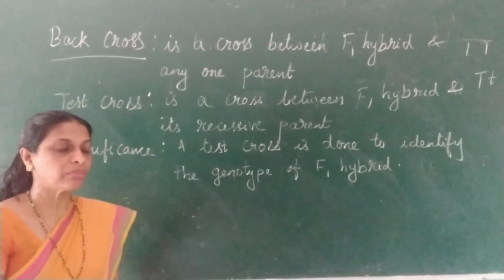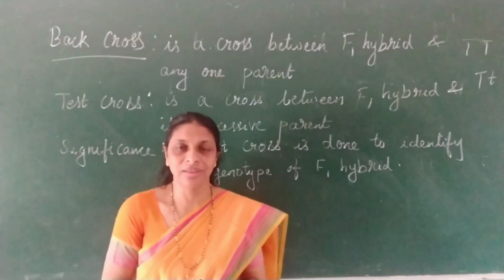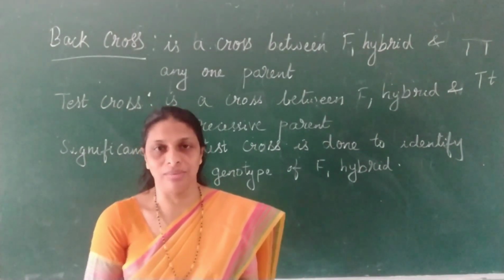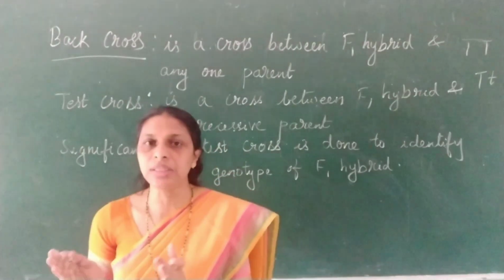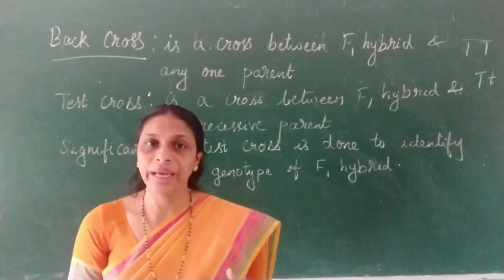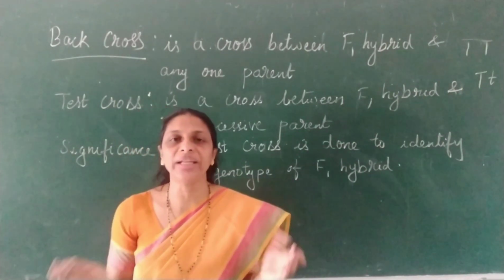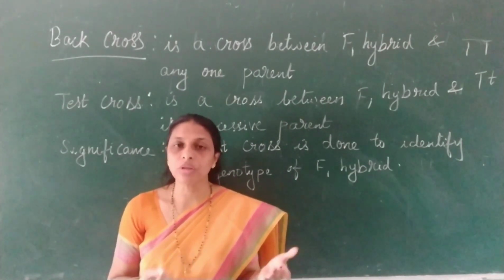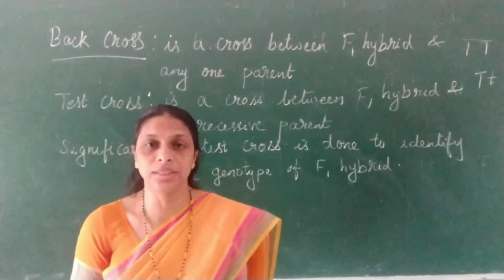Right. Now, all test crosses are back crosses, but all back crosses are not test crosses. Have you understood what I said? Justify the statement. You may get a question like this. Justify the statement: all test crosses are back crosses, but all back crosses are not test crosses. What is the reason?